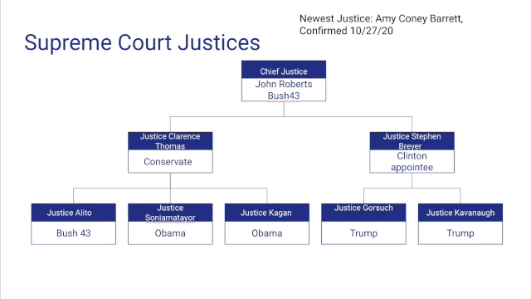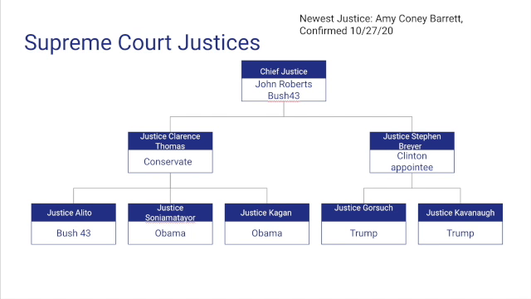Another justice I always think of when we think about justices and their politics, and is that going to define them, is Justice Hugo Black. And he was appointed in the mid to late 40s.